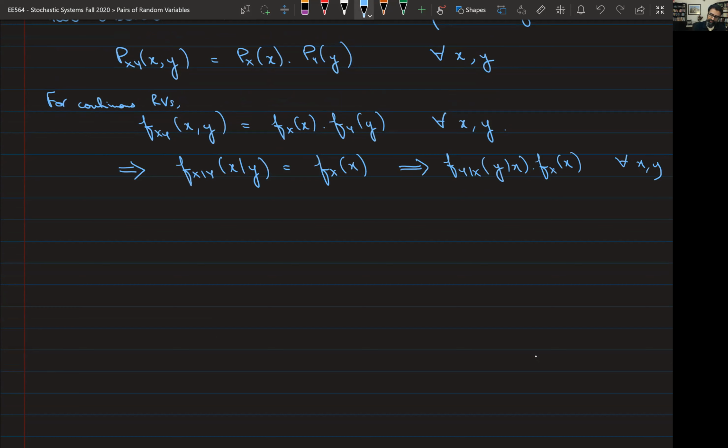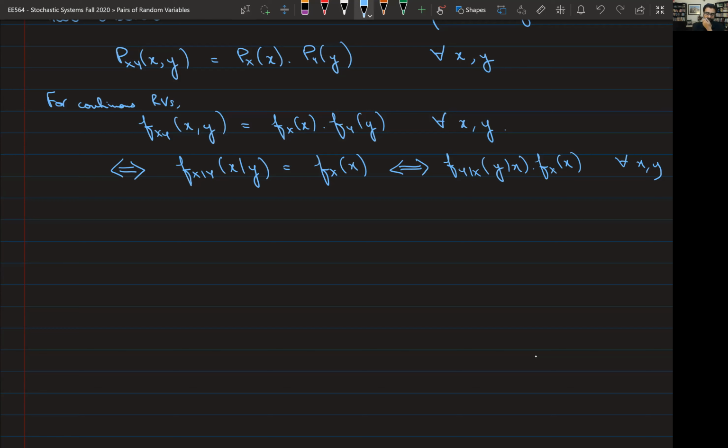There are two-way implications here, by the way. All three conditions are equivalent to each other, and if any one of them is satisfied, we say that the random variables capital X and capital Y are statistically independent.